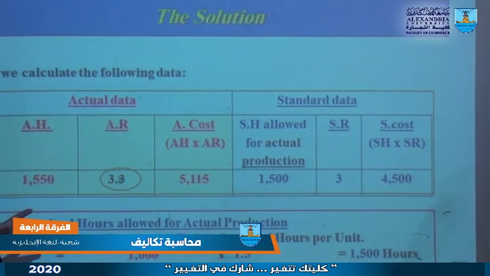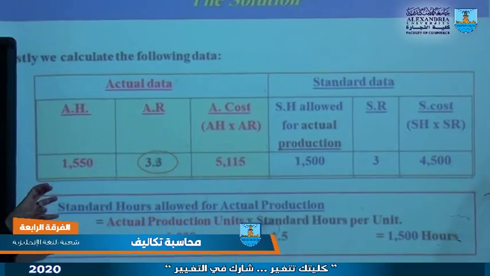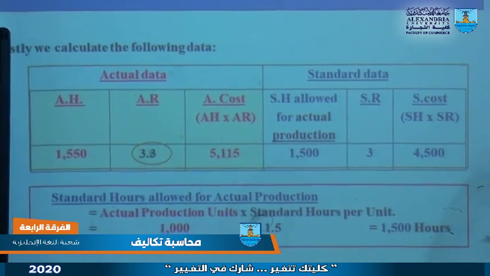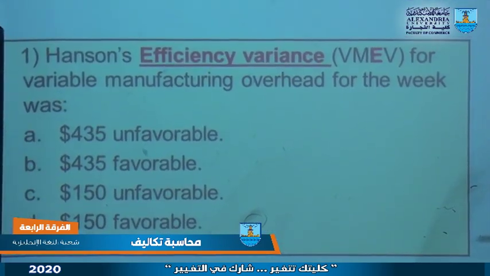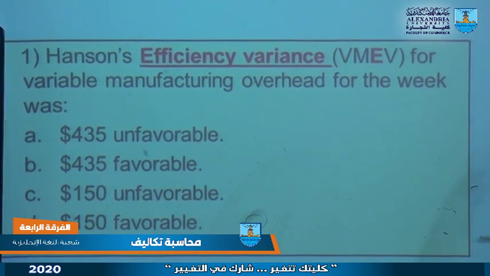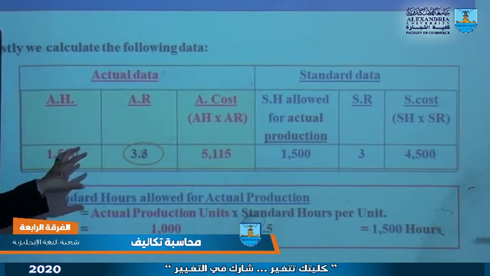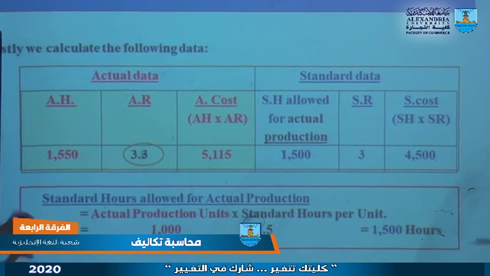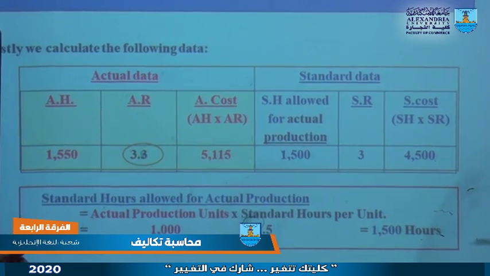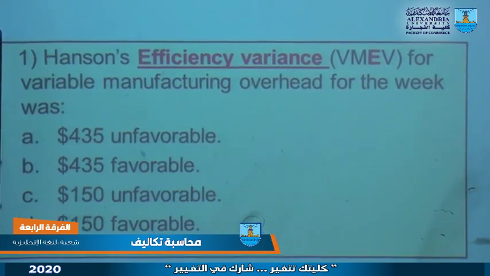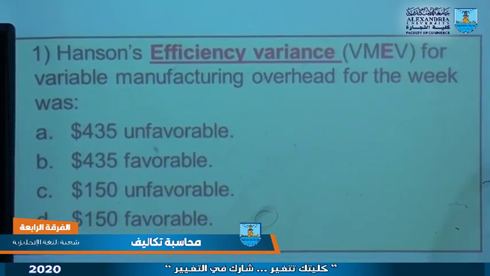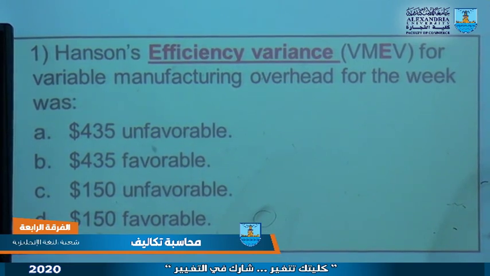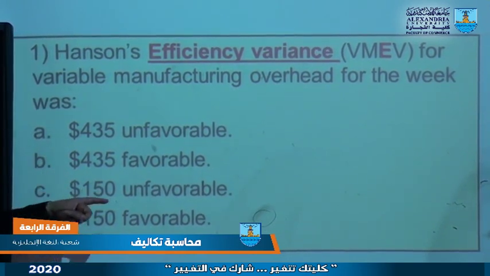It is the same problem, but the difference is in the question. If I ask you for the efficiency variance, you have to prepare your table firstly, prepare the performance report, prepare the equation, no problem. How to calculate the efficiency variance? Don't just choose, you have to calculate firstly.